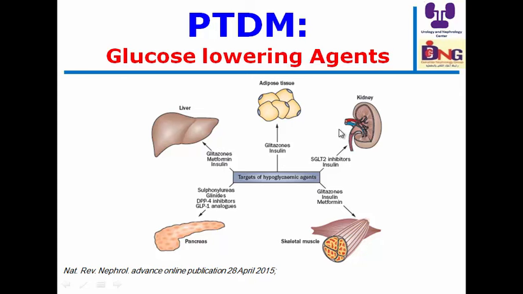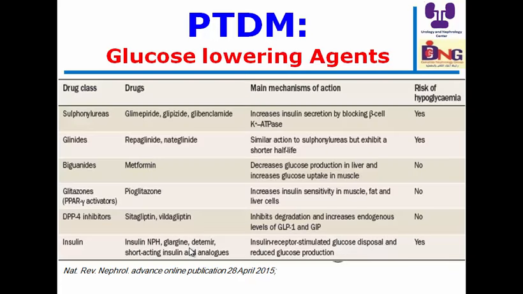Because if estimated GFR is less than 60 ml per minute, I think these drugs are not effective because it needs good kidney function to have glucosuria. And secondly, we are afraid of lactic acidosis. The insulin sensitizers lead to improvement of the muscle uptake, and insulin secretagogues lead to release of insulin from the pancreas.